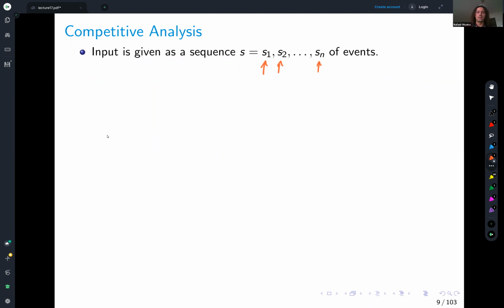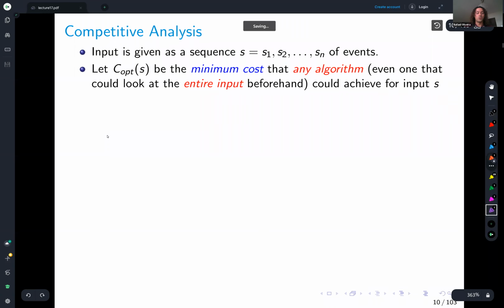All right. What we're going to do now is, given this input S, let's say that C_OPT is the minimum cost that any algorithm, even one that could look at the entire input beforehand, could achieve for input S. Usually, think about this online setting as, okay, if it's raining and I take an umbrella, I'll be really happy, and let's say my cost here is 0 because nothing bad happened to me.